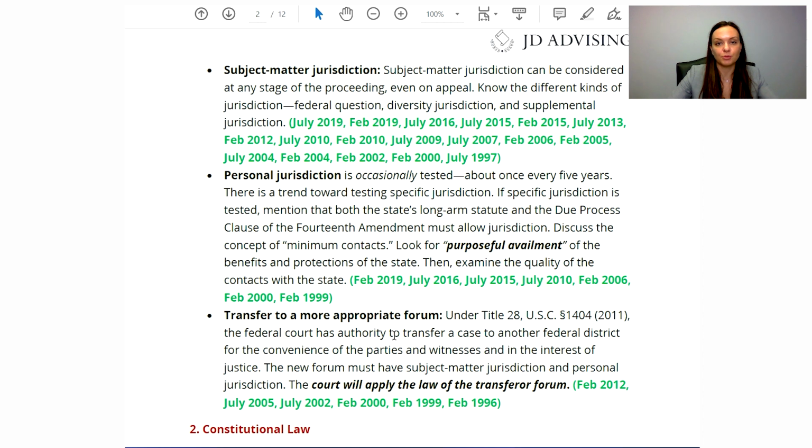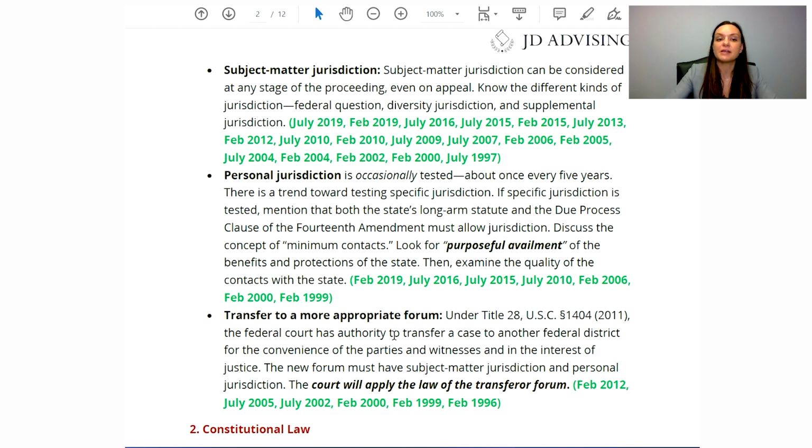It is not consentable. Oftentimes when they test subject matter jurisdiction on the essay portion, they're expecting you to systematically evaluate the different categories of subject matter jurisdiction. So for instance, make sure you discuss and evaluate whether or not federal question exists and diversity jurisdiction exists before getting to supplemental jurisdiction.